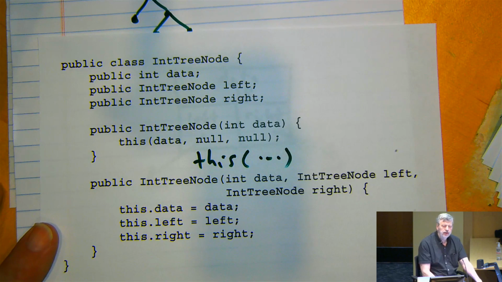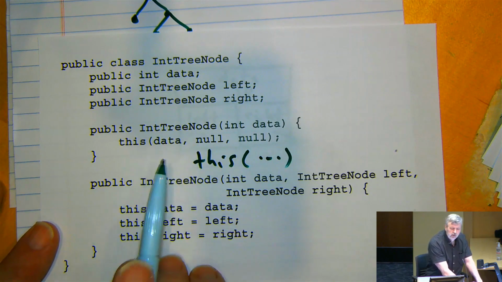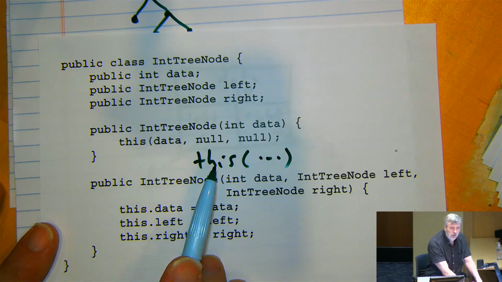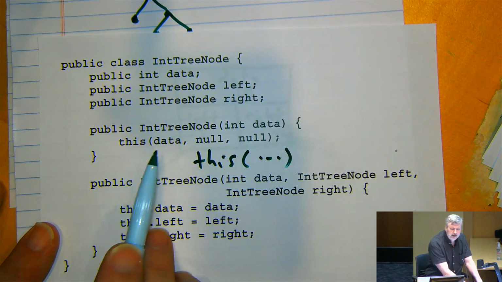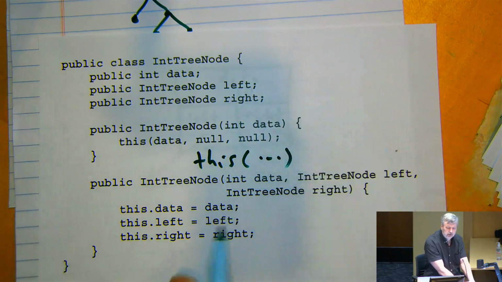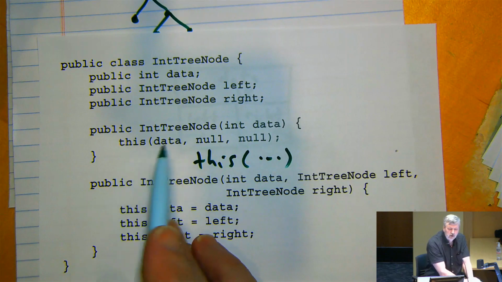I mentioned earlier in the quarter that this is a style issue: we want you to use the this notation as a way of eliminating redundancy. I don't want to have these lines of code repeated up here. So it's better to have the one constructor. Everything gets funneled through this one constructor here, either directly or indirectly by the call on this.